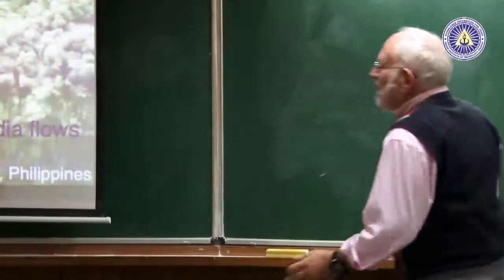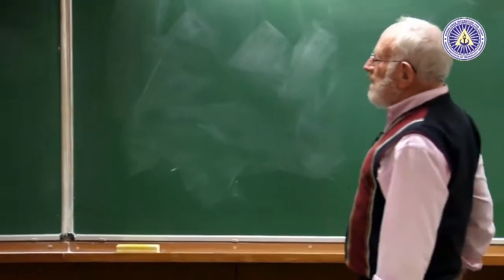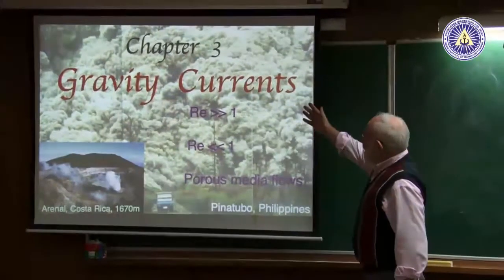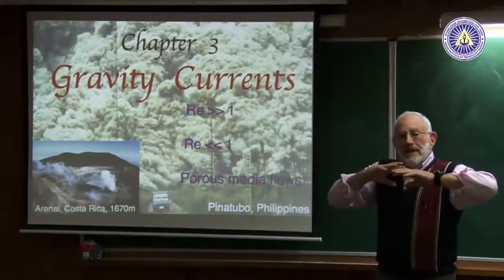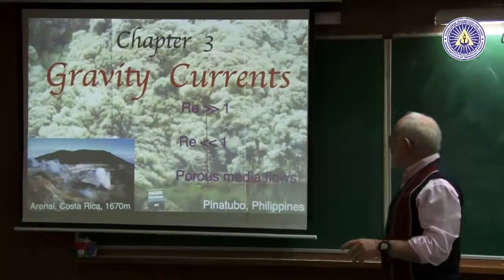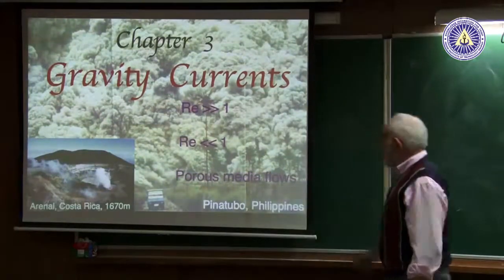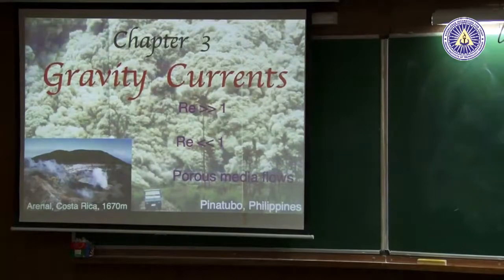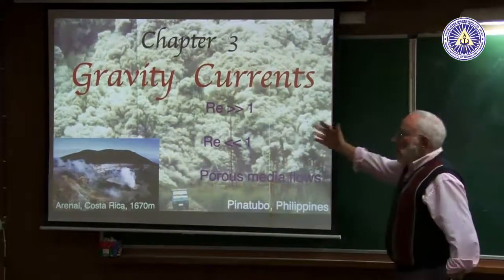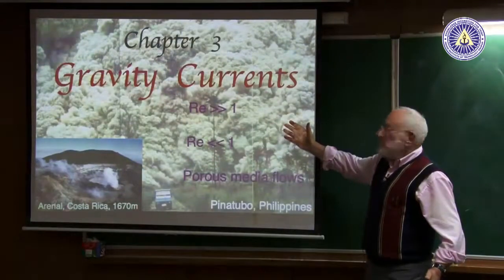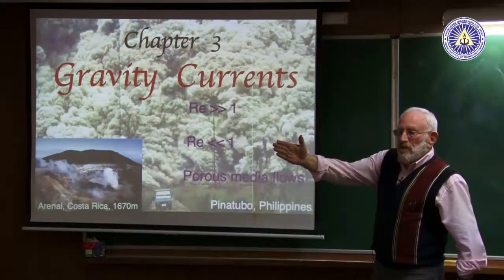Right, today we're going to talk about gravity currents, and there's some examples here. As we'll see, gravity currents are flows that go mainly horizontal. This is a flow due to the eruption of Pinatubo in the Philippines. It's hot fluid, that is of course, hot air I should say, which is of course less dense than the coolish air outside.